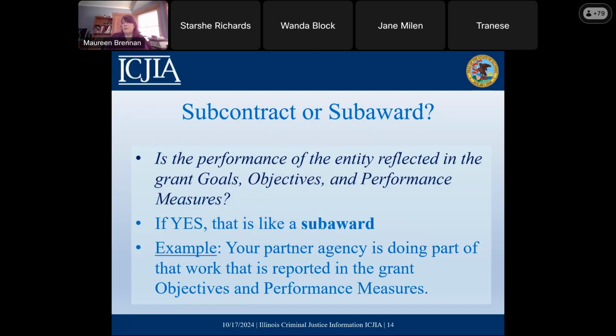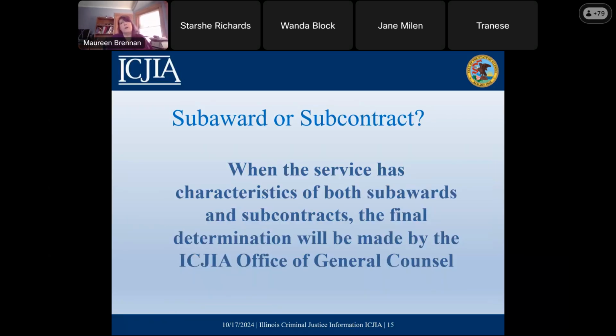But if the answer to that question is yes, that partner agency that's doing the work with teens while you do work with young adults, you will be reflecting their work as part of your goals, objectives, and performance measures. So that's a subaward. There are some rare instances where we look at these different characteristics of subawards and subcontracts, and sometimes it's really not that black and white.